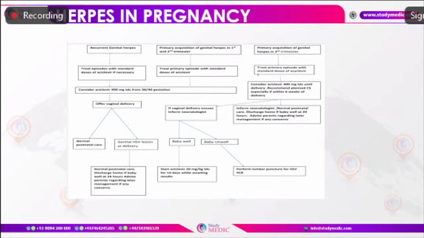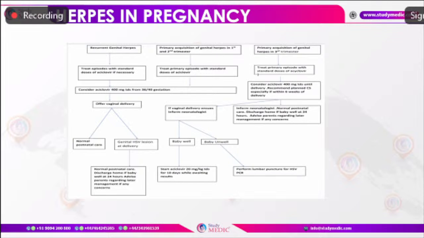However, following a vaginal delivery, if the baby is unwell, then we need to perform a lumbar puncture to rule out HSV with PCR. In case a cesarean section has taken place, we need to inform the neonatologist and offer the baby normal postnatal care, and the baby can be discharged home at 24 hours if well. And of course, we need to advise the women that later on there can be some concerns, and they will have to come back if there are any.